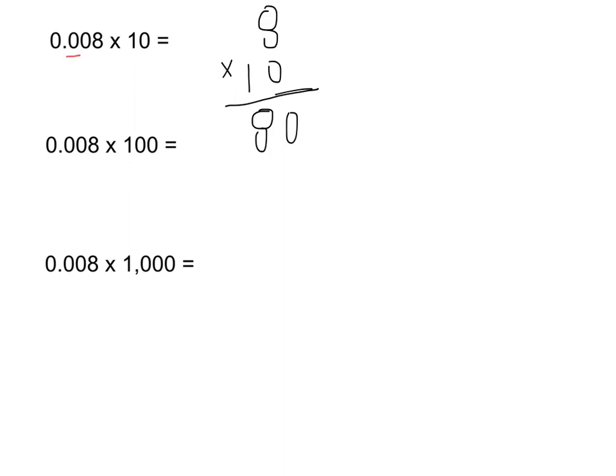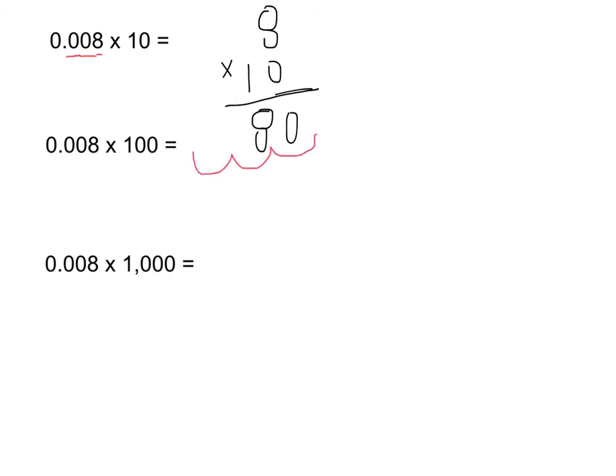Right here, 8 thousandths. How many numbers are after the decimal point? 3. Good. You have 1, 2, and 3, right? How many are after the decimal point here in 10? So in our answer, how many numbers do we need after the decimal point? 3. So if I put it here, there'd be 0, 1, 2, 3.